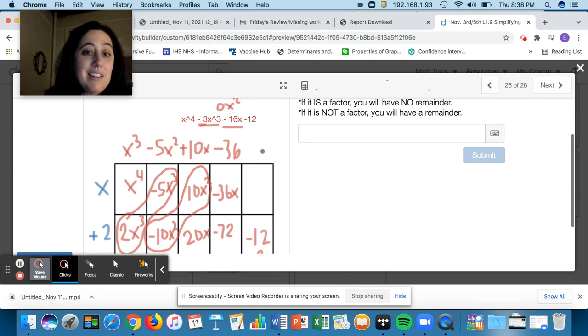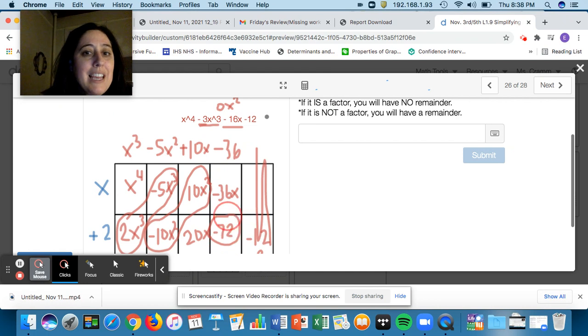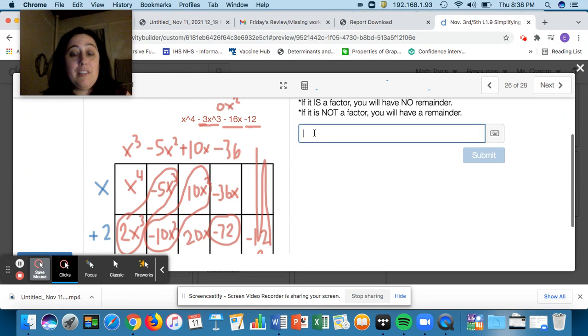We actually didn't need this box at all. Is this a factor? Remember, I need negative 12. Just based on the fact that this is not negative 12, it's negative 72, I can say that this is not a factor. This is absolutely not a factor because of that.